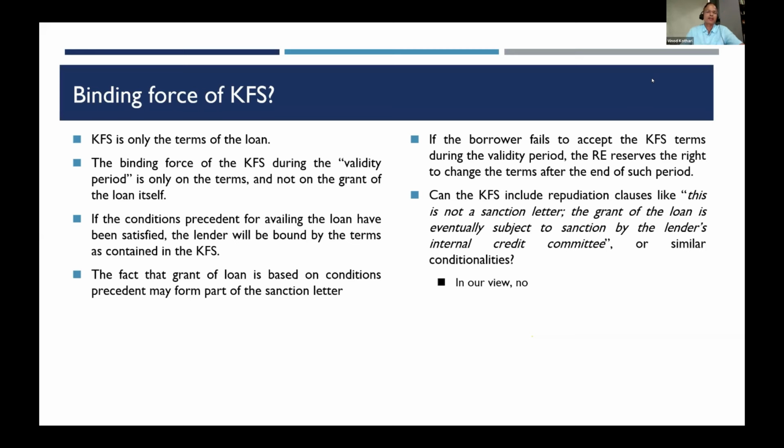Therefore, to say that I'll now go and take the sanction of my credit sanctioning authority only after you sign the KFS, I don't think that's very proper. It is only dependent on the documentation requirements. I can only say that these are the preconditions that you need to satisfy. And if those conditions are satisfied, I cannot say your loan has been turned down because my sanctioning authority did not approve. So therefore, sanction is already in place. Right, there are preconditionalities. There are post-conditionalities as well.